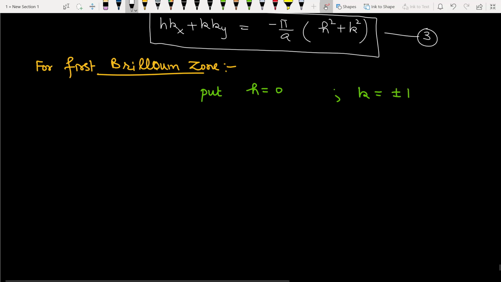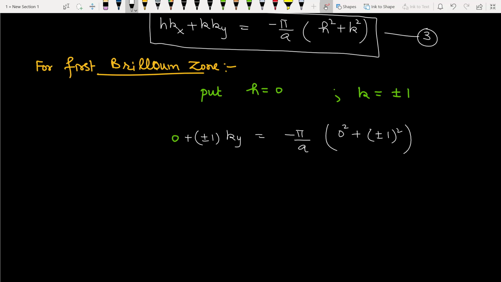Then we get plus minus 1 ky equal to minus pi by a (0 square plus minus 1 square). So plus minus ky is equal to minus pi by a.